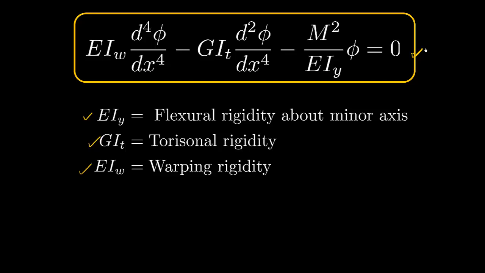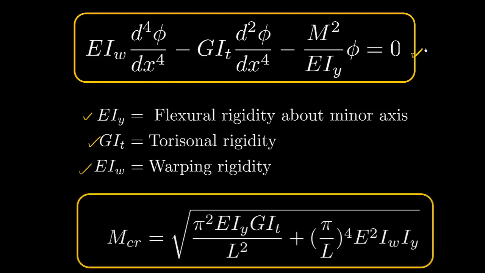So finding the expression for critical bending moment at which lateral torsional buckling occurs is very similar to finding the critical force at which buckling in a compression member occurs. So this is the critical moment at which we will have lateral torsional buckling. Basically this is coming from the solution of this differential equation.